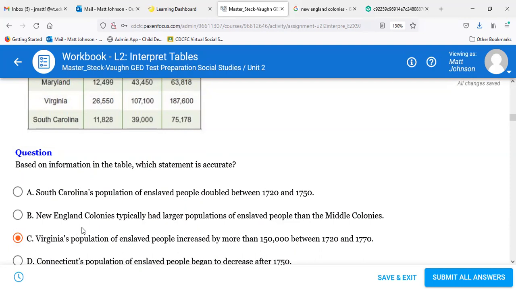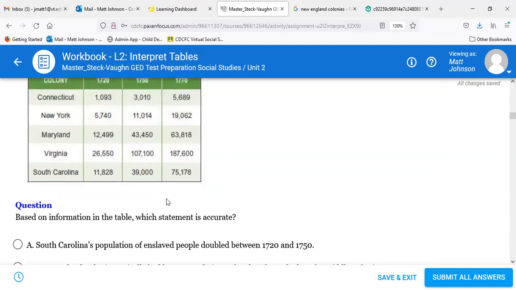So this follows along, and I think we might have a question about it later on, but basically you didn't have the large number of enslaved people in the northern colonies because they were largely forced labor on farms and plantations.